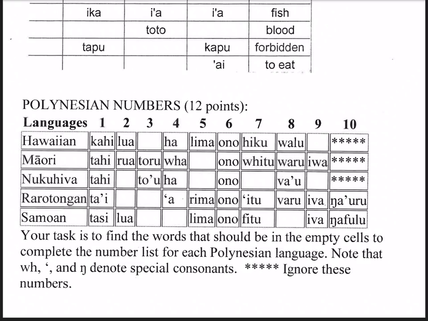Apparently the T's all change to K in Hawaiian. And then in that second syllable of the word, you get the h for the first languages, and then you get the glottal stop for Rarotongan and s for Samoan. So in place of the H, you're going to get the glottal stop, which looks like the apostrophe, or you're going to get the S in Samoan.